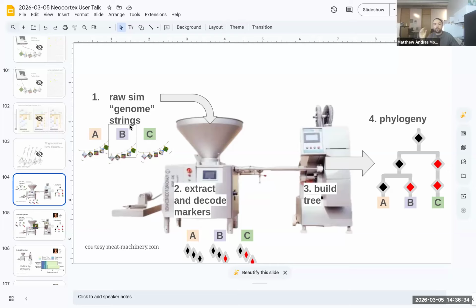And then we use the TRIE, tri-tree, in the sense of the data structure, prefix building approach to take these sets of lineage markers and reconstruct a phylogeny.